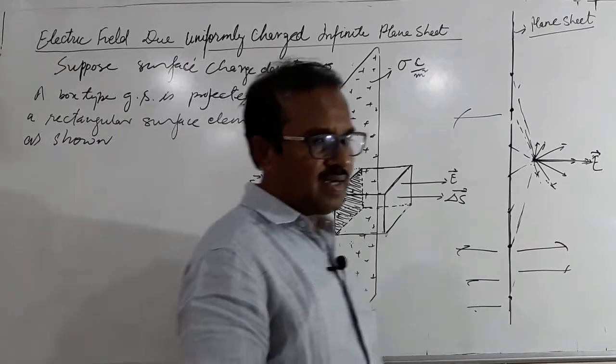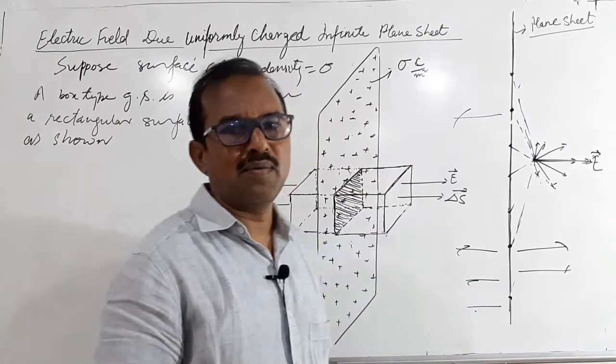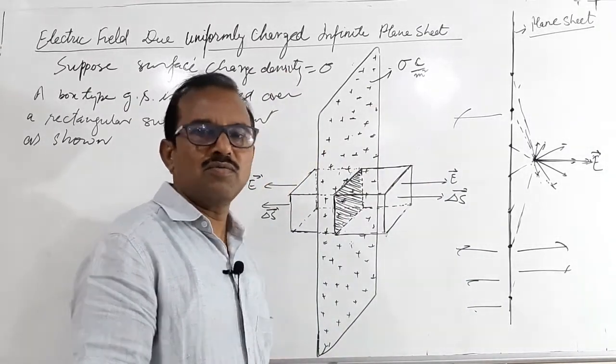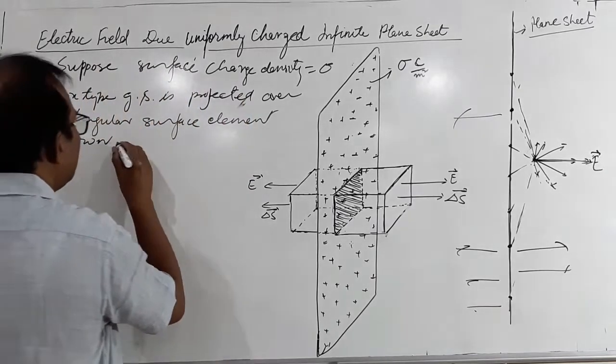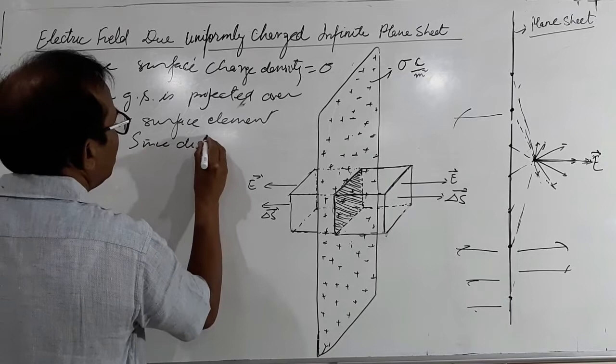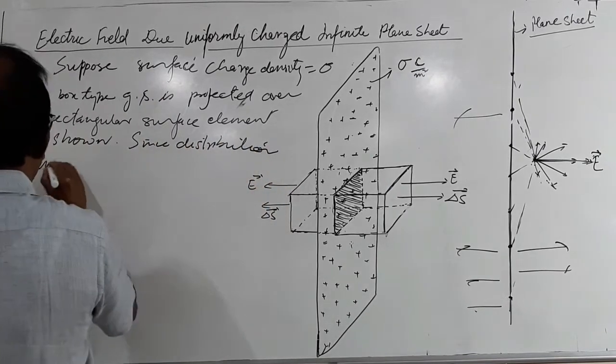So from symmetry, the electric field lines will be perpendicular to the distribution, since the distribution is uniform.